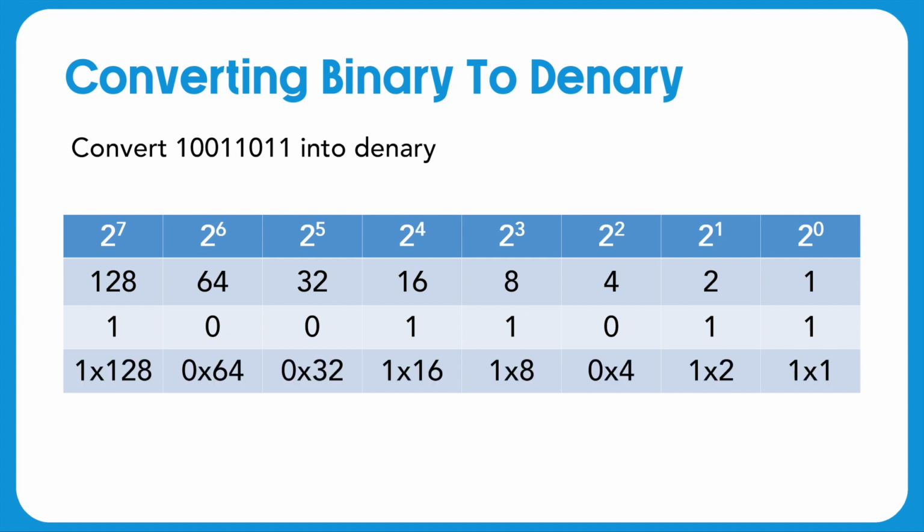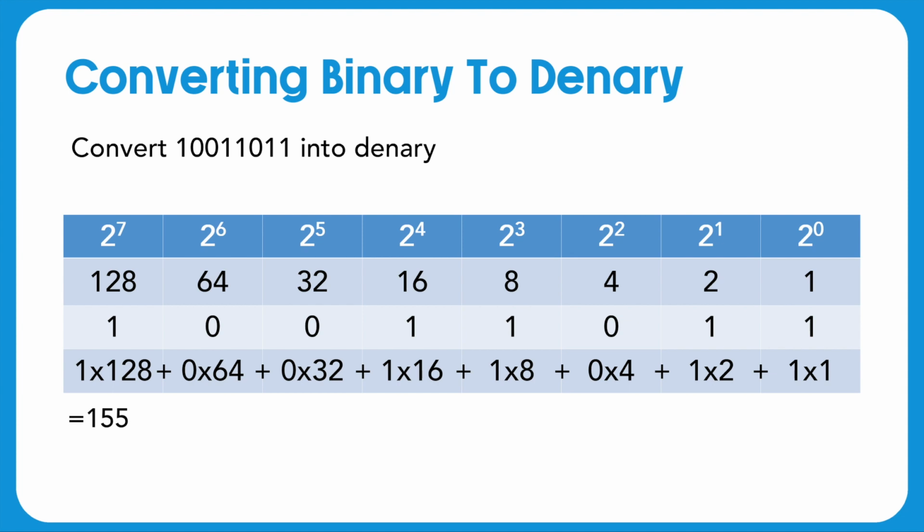So in this case, we multiply 1 by 128, 0 by 64, 0 by 32, and so on until we have calculated all of the values in the row. We then add up these multiplied values, which gives us a value of 155. That means that 10011011 in denary is 155.